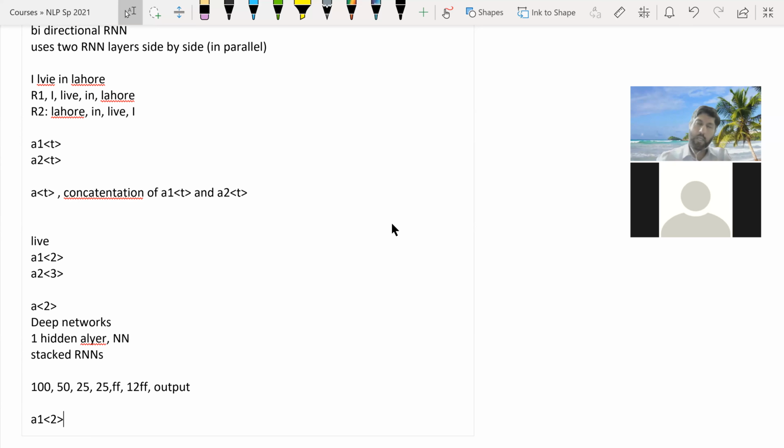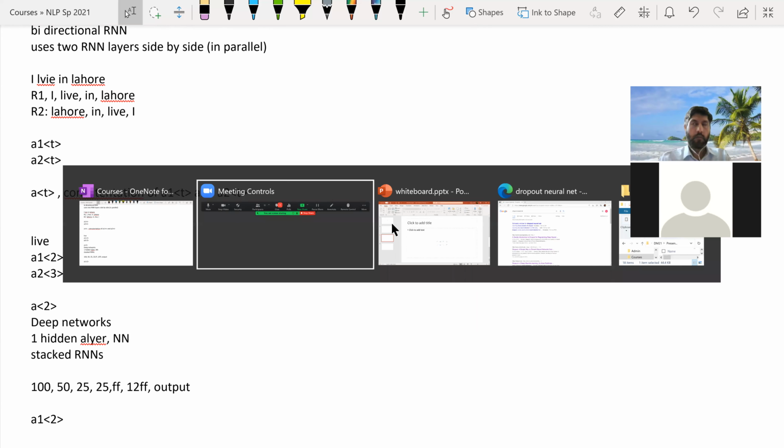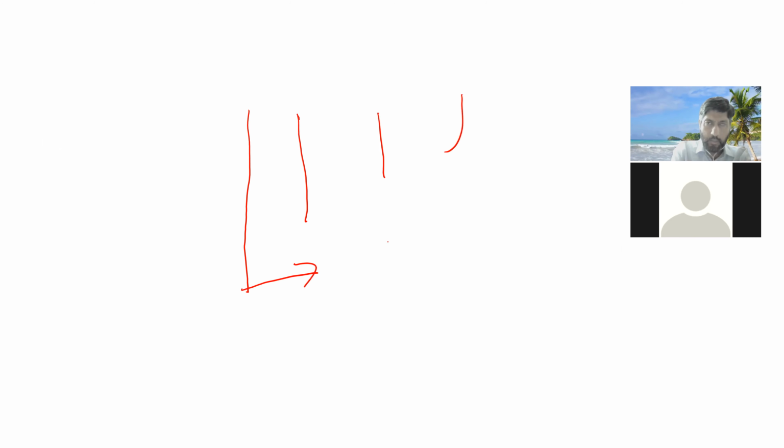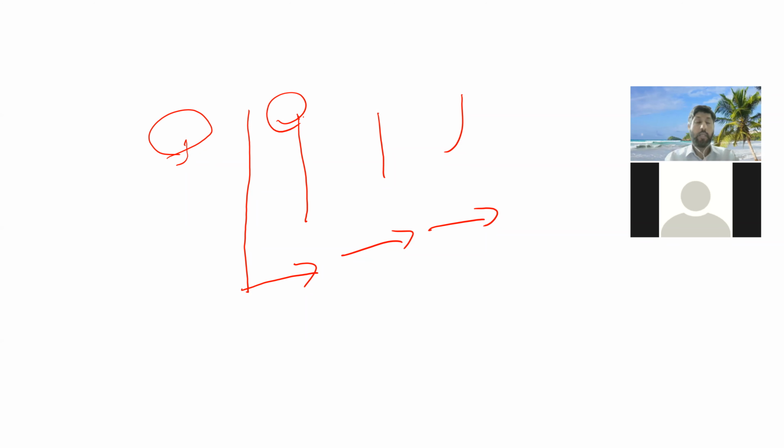Recurrence runs in the first layer, but the output also goes forward to the second network, and then it continues in that fashion. So you have the first recurrent layer, then the second, then the third, and so on. Each layer has its own recurrence which keeps running, but an output also goes forward to the next layer.